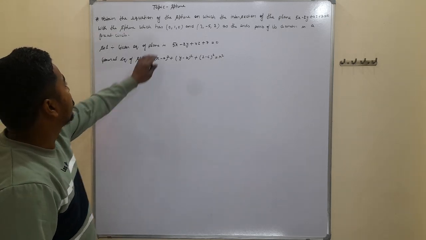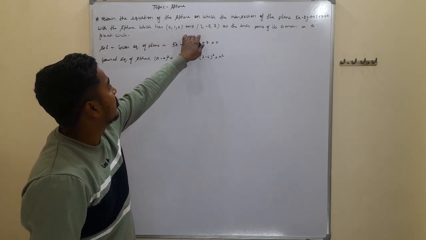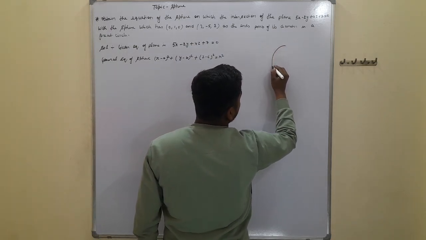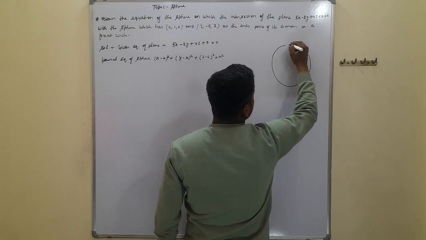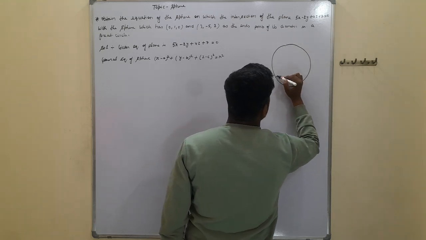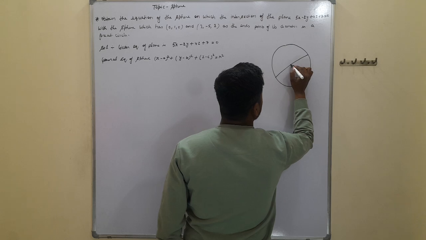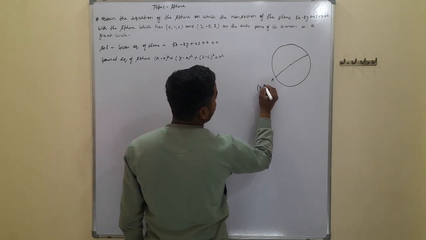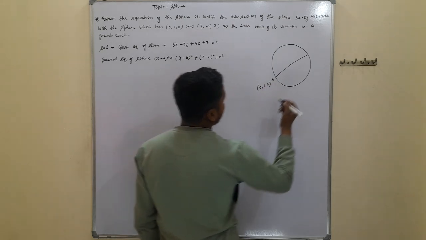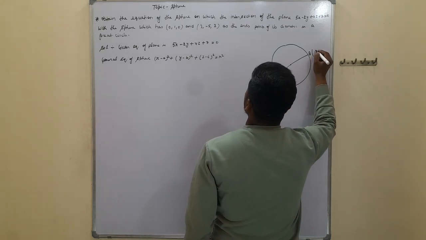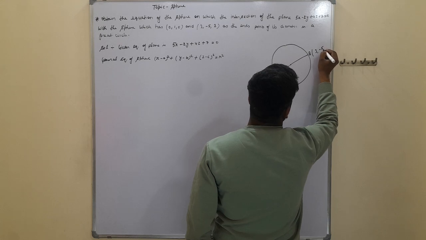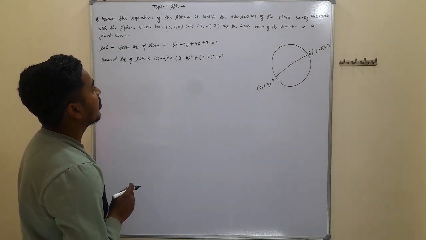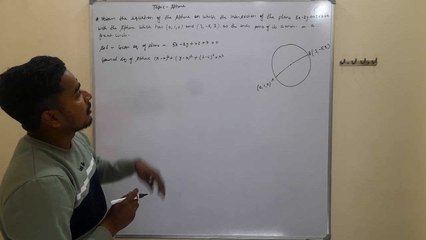Here the 2 points joining the sphere are given, we have to first draw the figure. This is the sphere and this is the point joining here. This is the center. Point A is given by (0, 1, 0) and the point B is given by (3, -5, 2). And here we can also draw the intersection of the plane.